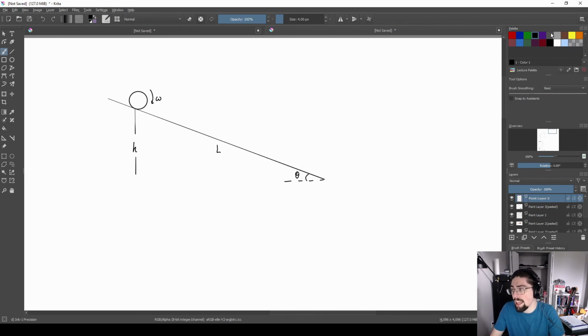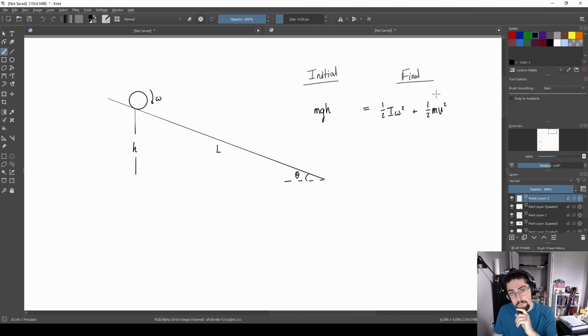So let's label these two columns, initial versus final. What we're seeing here is all of my energy started as an mgh. All of my energy ended up in either rotational kinetic energy, 1/2 I omega squared, plus 1/2 mv squared.